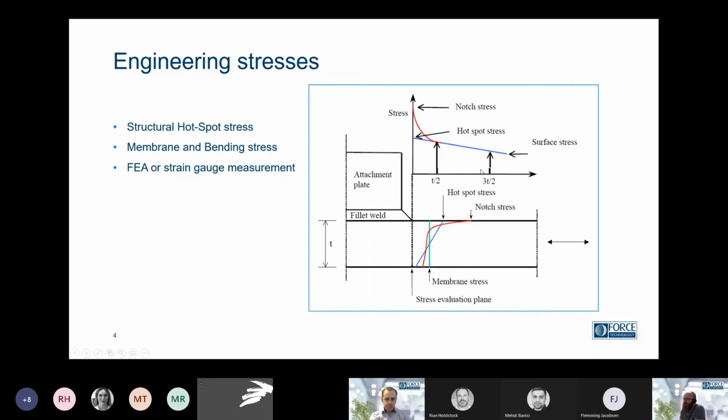On the sketch here on the right, you can see we have two points where we have the measured stress, and then we extrapolate to the point of this weld where we want to find the hotspot stress. Here we have a membrane component, the green, and then the bending component, the blue line, is the hotspot bending.